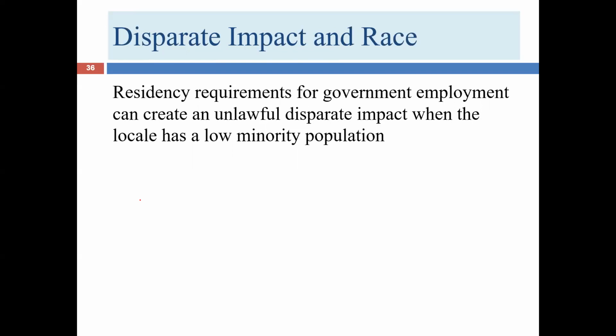Well, some communities have relatively low minority populations, and sometimes they have low populations because they don't have affordable housing. That seems like quite a coincidence, doesn't it? And sometimes it is just a coincidence, but sometimes it is on some level an intentional decision by the locality to keep the community largely Caucasian by not allowing more affordable housing in.